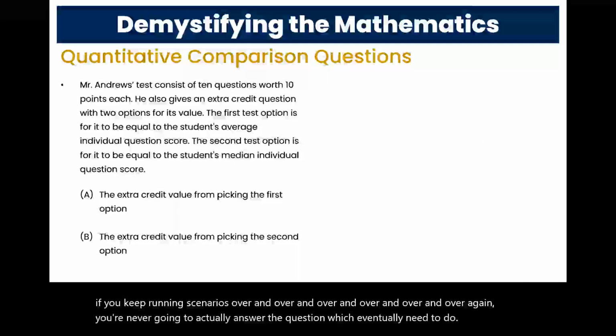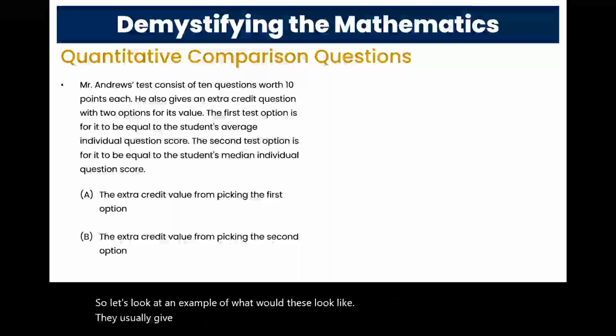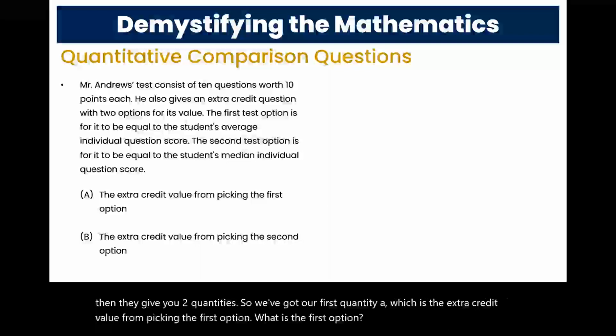So let's look at an example of what these look like. They usually give you some kind of blurb, something to read that explains the situation, and then they give you 2 quantities. So we've got our first quantity A, which is the extra credit value from picking the first option. What is the first option?